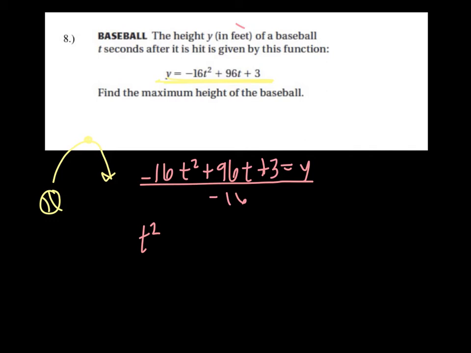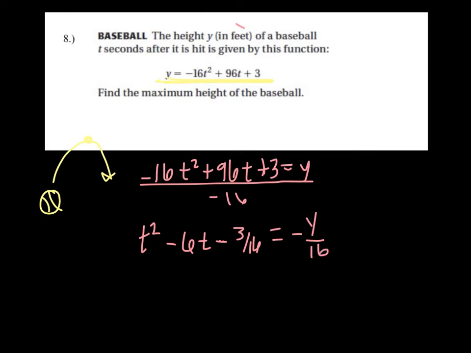So 96 divided by 16 is 6. So that's nice, that stays a whole number. But then it's minus 3 over 16, which is not a whole number. So we'll just leave it as a fraction, equals negative y divided by 16.